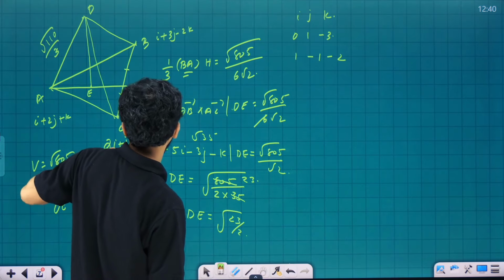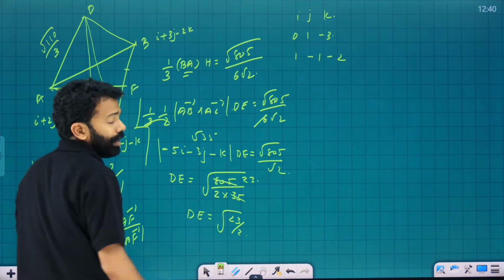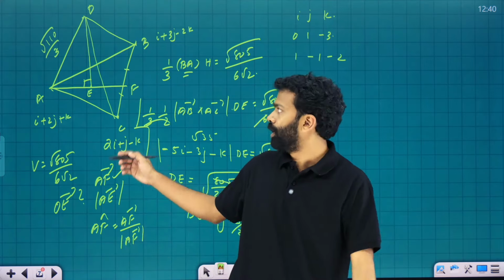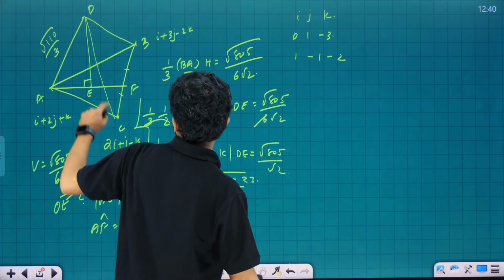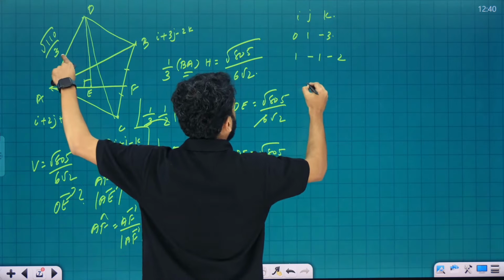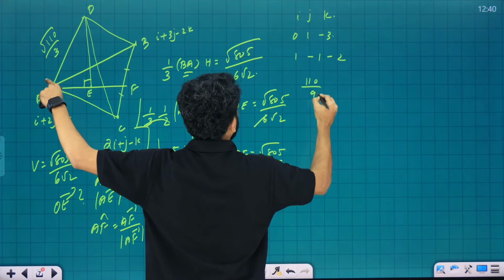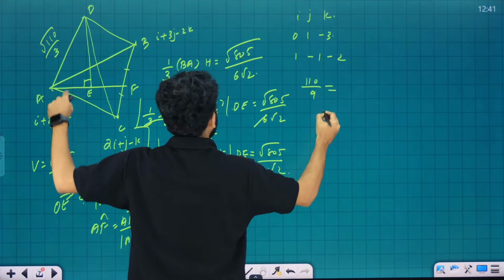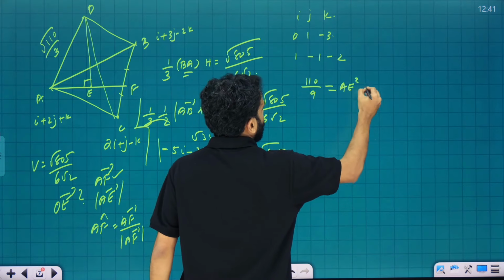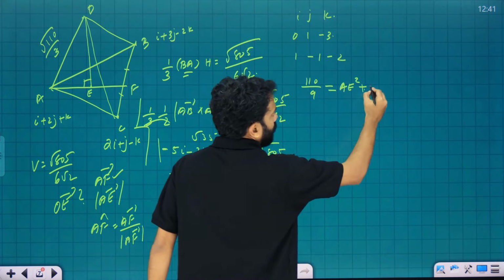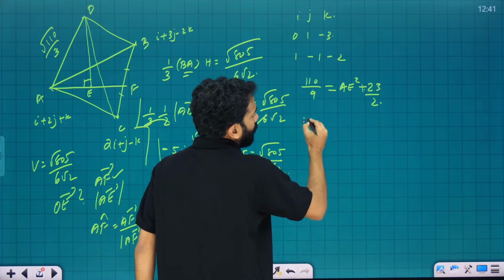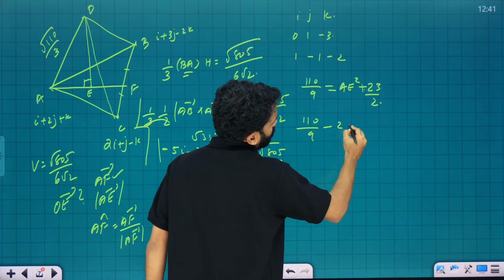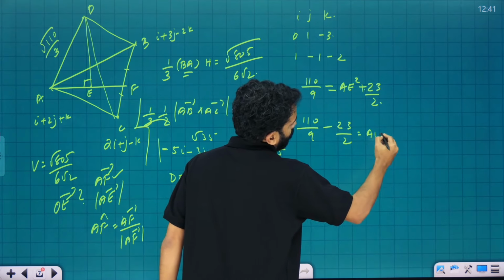And we need to formulate AE. Since this is a right angle triangle, we can apply the Pythagoras theorem to get the value of AE. That is AD square, that is 110 by 9, is equal to AE square plus 23 by 2. So 110 by 9 minus 23 by 2 is equal to AE square.